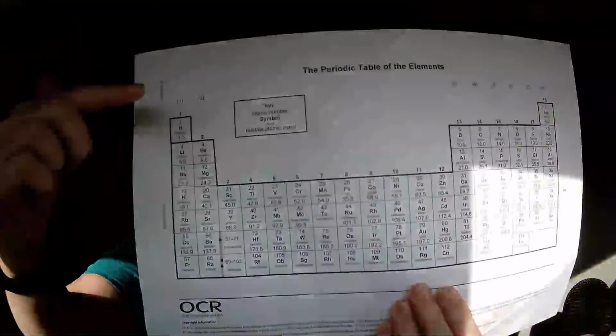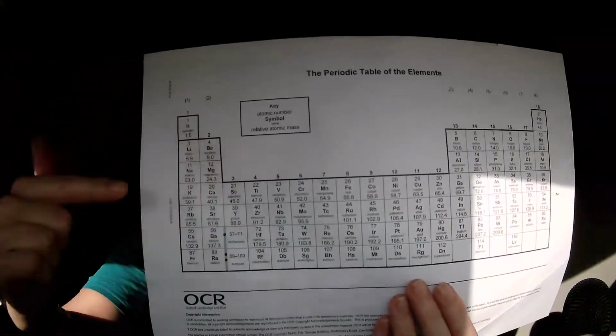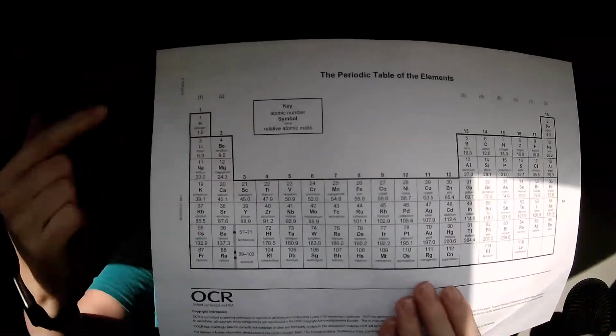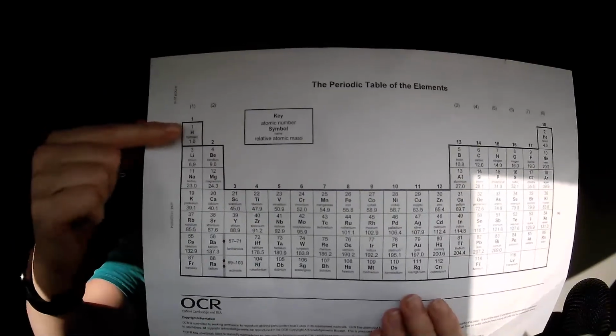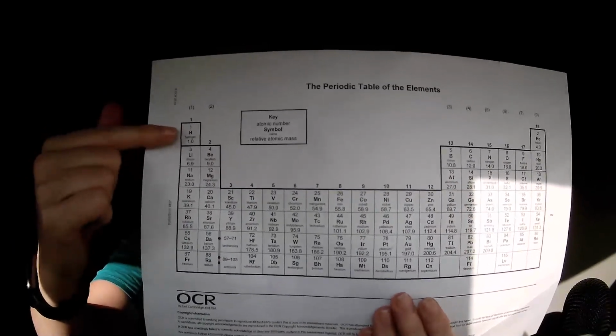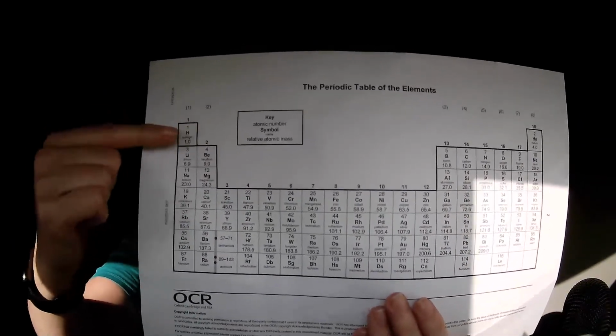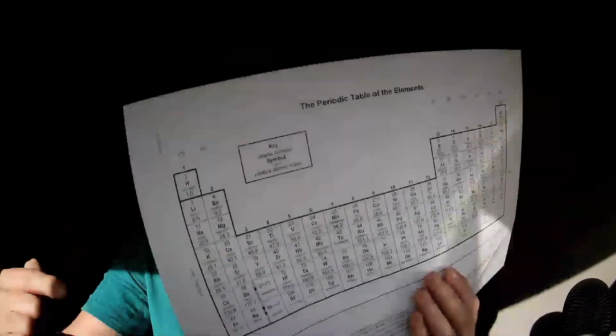The horizontal rows going across are periods, okay? Go careful. The one people always miss is this top one here with hydrogen and helium. That is period 1. Here is period 2. So go careful not to miss the hydrogen helium first period.